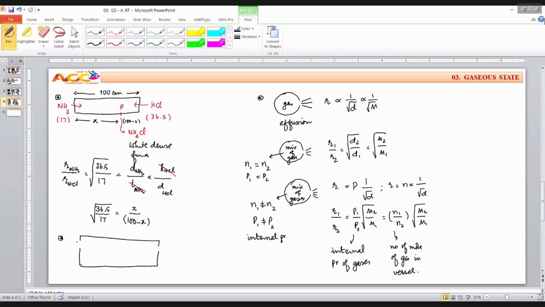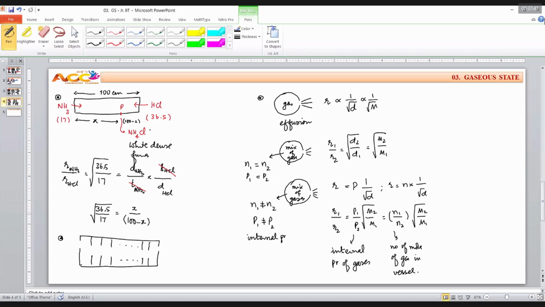This is filled with certain rows of benches. One, two, three, four, five, and so many are there. Similarly, here also we have boys and girls enjoying the position.